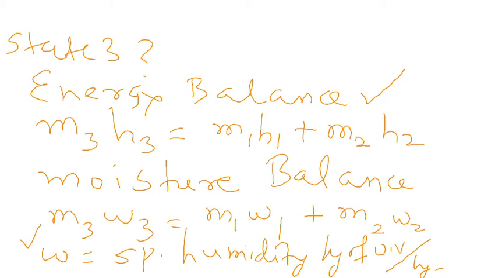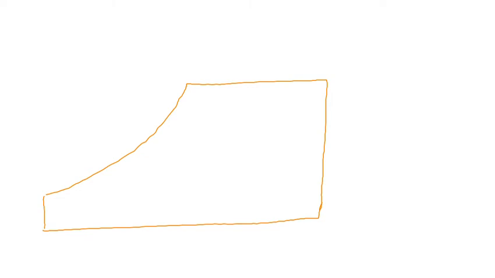Okay, so this I will represent on the psychrometric chart. On the psychrometric chart, your outside air is at a state 2 and the inside air is at a state 1, and then we are interested in knowing what is the state 3.